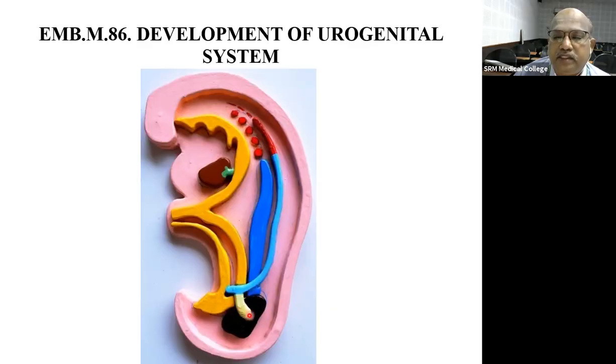It enters inside and gets divided into various parts of the collecting system. At the same time, it induces the differentiation of the metanephros to form the secretory part of your urinary system. So that is the development of kidney here. You can tell about that also. Now this is the ureteric bud. It is getting originated from the mesonephric duct.